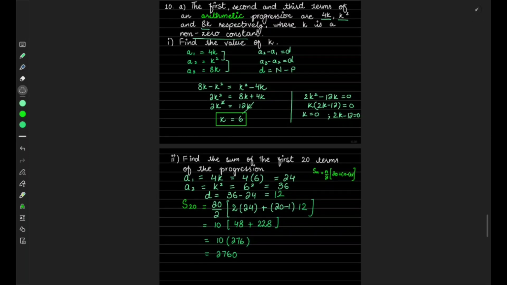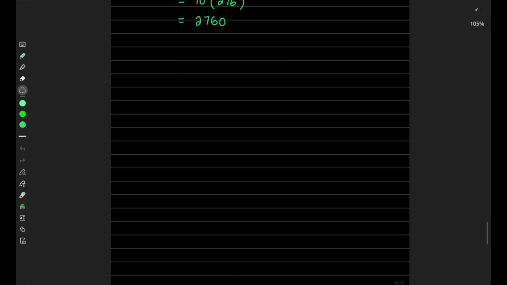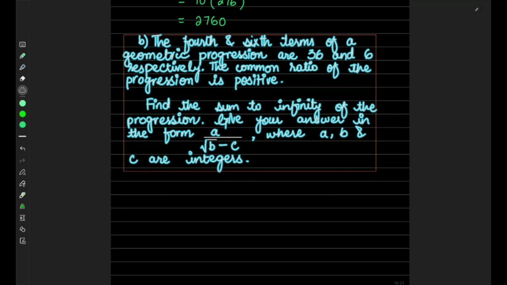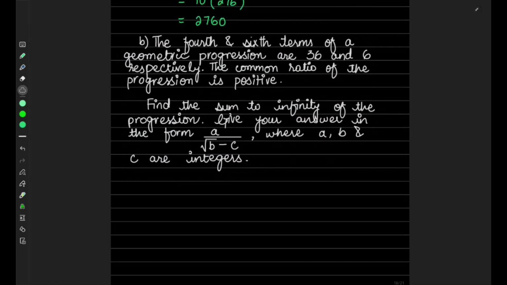Now let's do part B of the same question, and that is the fourth and sixth terms of a geometric progression. Now we are shifting from arithmetic progression to geometric progression. The fourth and sixth terms are given.